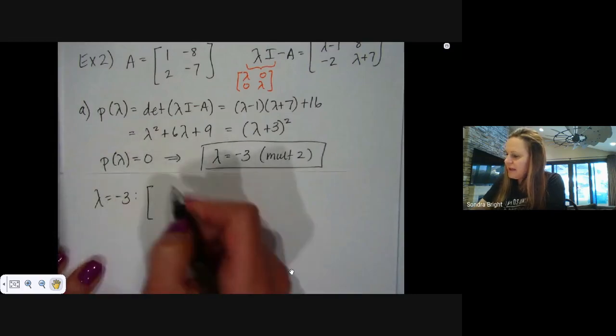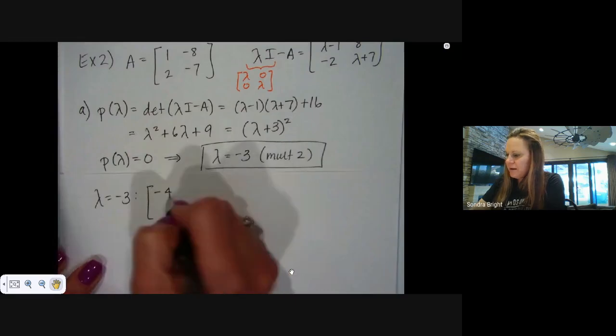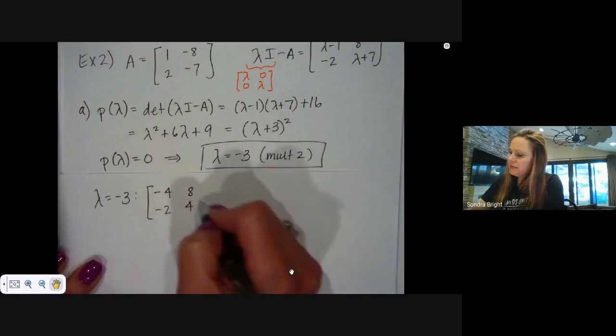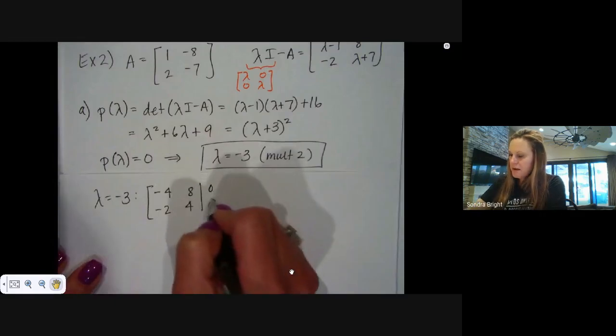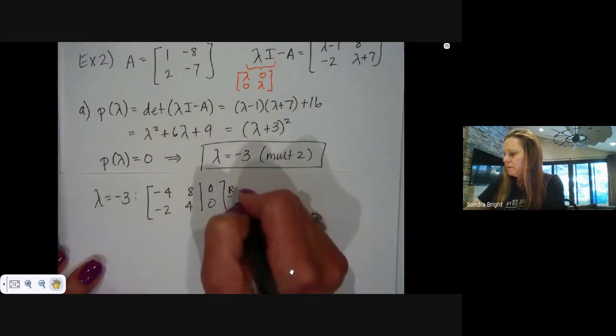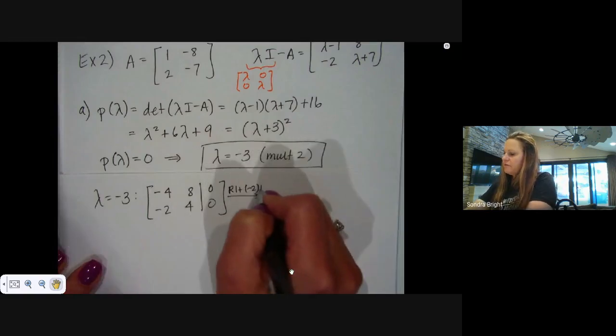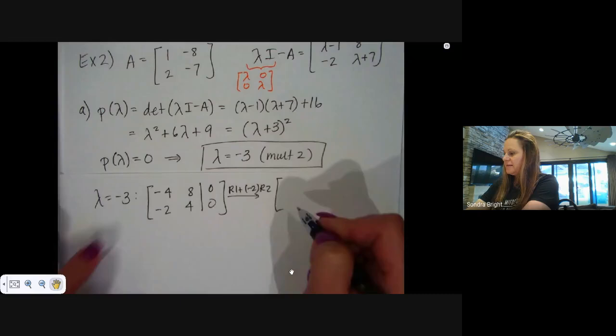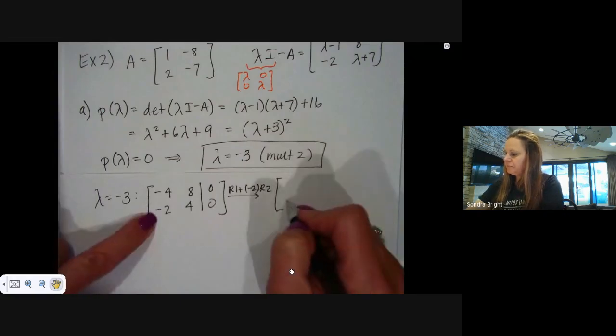We have a positive 8. I got a -2 and then a positive 4. We want to solve for when these are 0. And so I would do row 1 plus -2 times row 2, which would be -4 plus positive 4, 8 plus -8, and then 0.